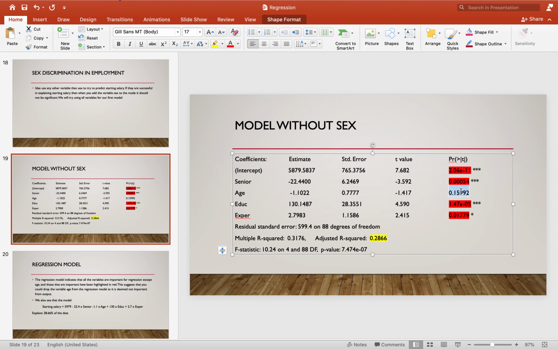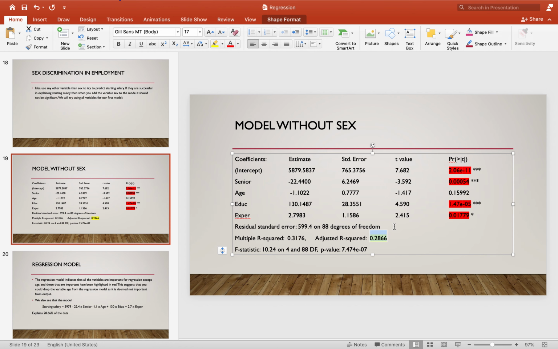Age is not. Education is very important for predicting starting salary, and so is experience. And this provides an R squared of about 28% on the conservative side. So it explains about 28% of the data, this model. And this does not include sex.